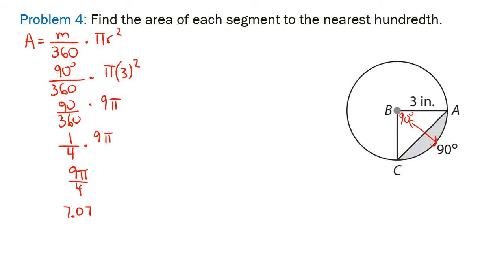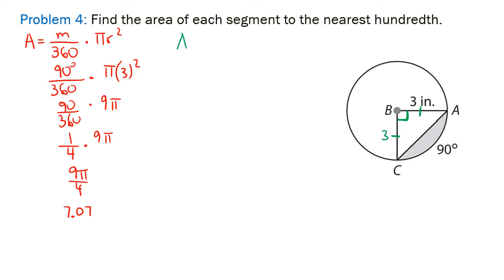Now we need to go ahead and find the area of that triangle. So one thing we need to realize is that we have a 90-degree angle here, which makes this a right triangle. And this right here is the radius. This here is a radius, so it's the same. Therefore, we now know the height of the triangle and the base of the triangle.